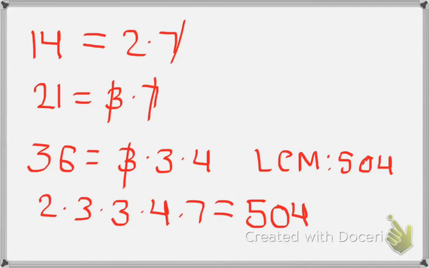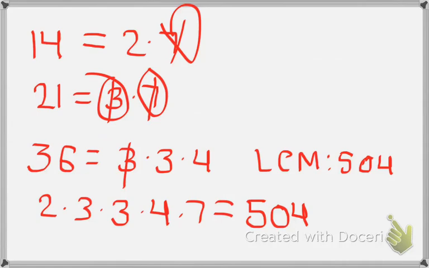And then we have 21 here, which equals 7 times 3, and then you could circle both of those right here. Another one is 36, and that equals 3 times 3 times 4. You have to circle 3 because it's 3 times 3, so you can't have 2 of each. So it's just 1 7 and 1 3.